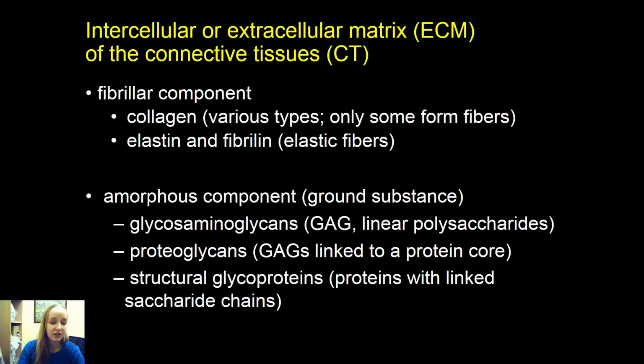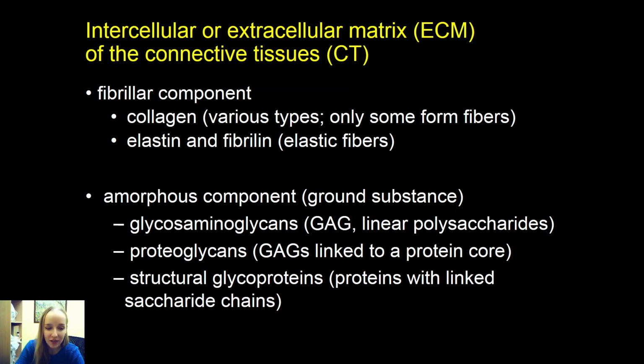Once again, intercellular mass is composed of two components: a fibrillar component and an amorphous component. The fibrillar component consists of fibrils, and these fibrils are formed by collagen, or we can rarely find elastic fibers in the cartilage.